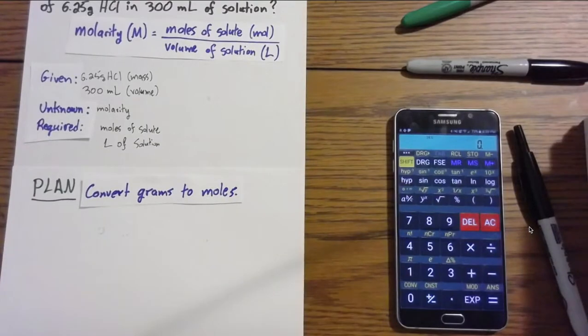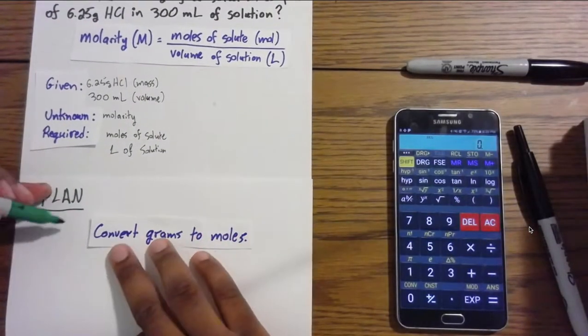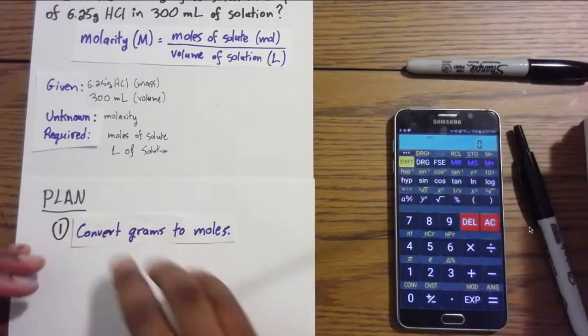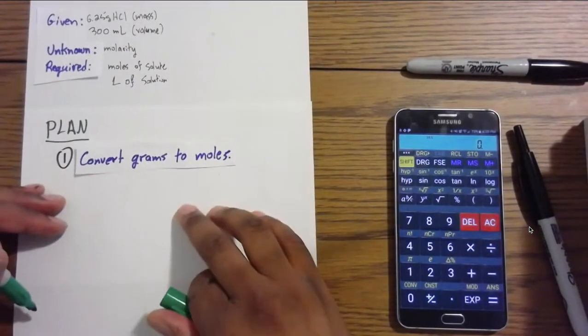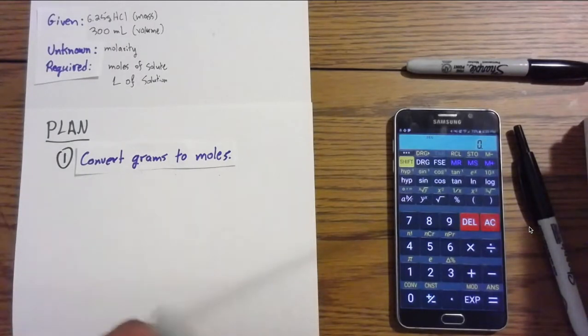Converting grams to moles, the first step in our plan. We're given 6.25 grams of HCl.